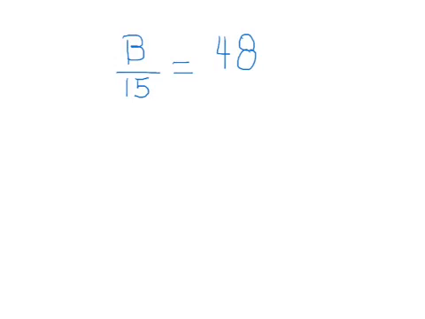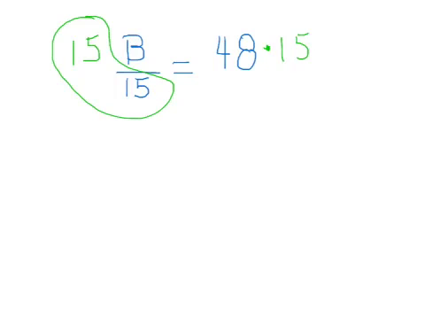And so the way we're going to work with our equivalence here is we're going to multiply both sides by 15 to try to figure out what b should be. So just to start with, that makes 1, and 1 times b is b. So we're left with that, and then 48 times 15 is 720. Alright?